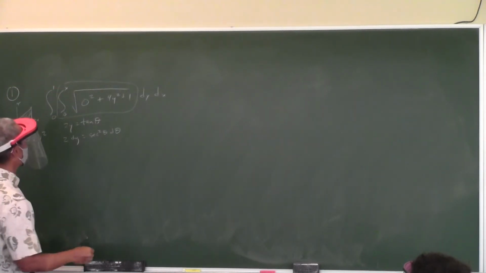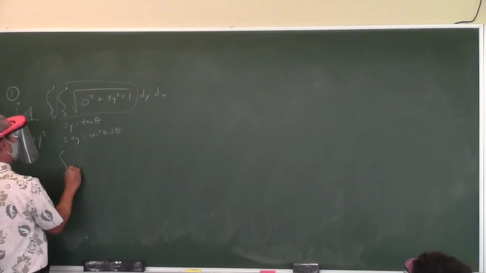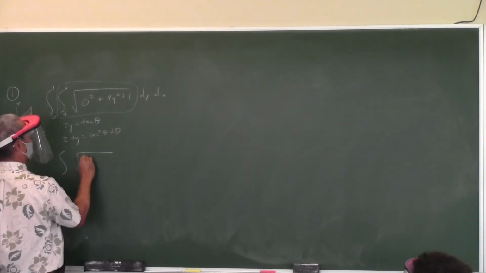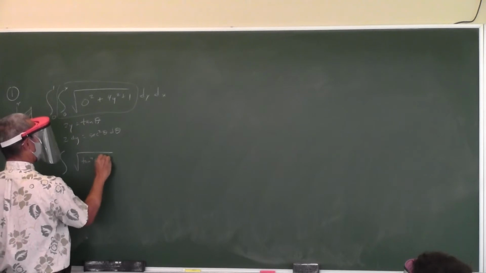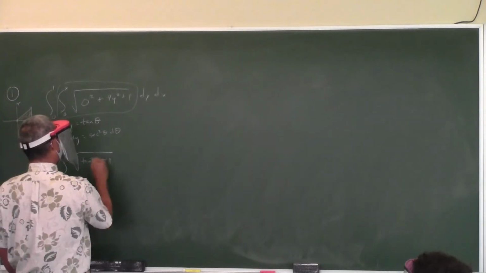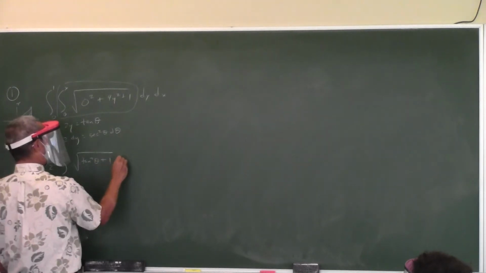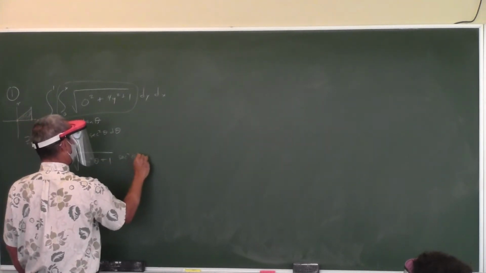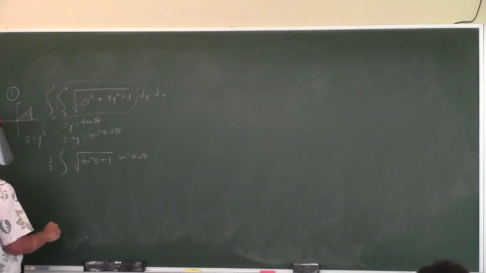Well, let's do that. So we got the integral of the square root of tangent squared theta plus 1, and dy is equal to 1/2 secant squared theta d theta. And what are your new limits of integration?